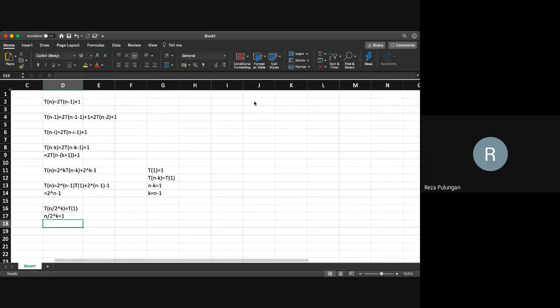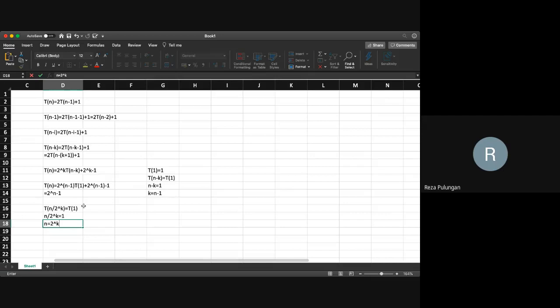Okay, now I'm going to find k. Look at this. I'm going to find k. Well, n divided by 2 to the power of k is equal to 1. So this means that n is equal to 2 to the power of k, just multiplied to the other side.